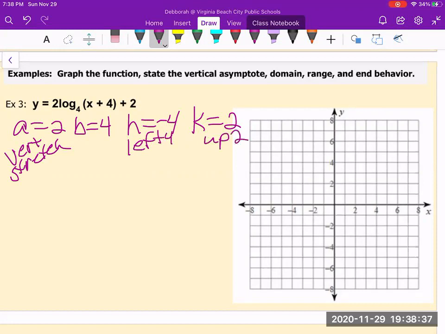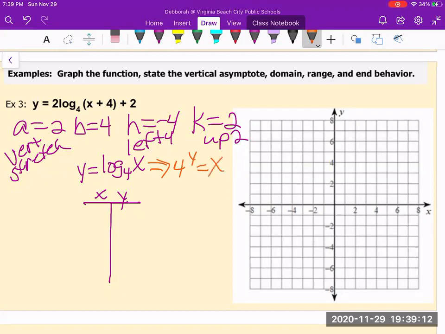All right, so we're going to start with graphing the parent function and creating an x, y table for that parent, which will be y equals log base 4 of x, without any of the transformations. Keep in mind that this can be rewritten as 4 to the y equals x, if that helps you.